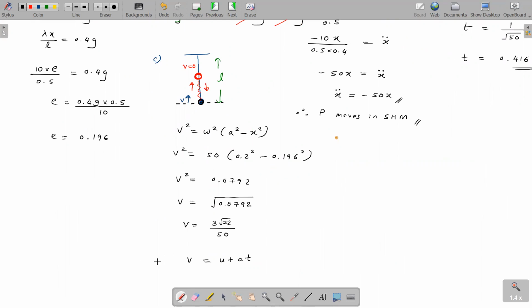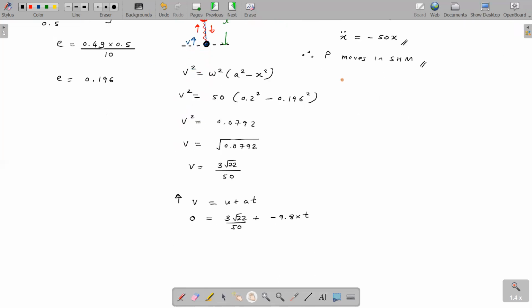So at the highest point, V is 0, U is 3 root 22 over 50, the speed with which you reach the natural length. We are applying this upward, so the acceleration g is minus 9.8, isn't it? So we get here plus 9.8 T equals 3 root 22 over 50.